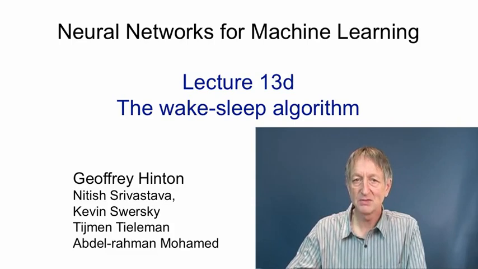Now, you could reasonably expect this to be a disaster, but actually the learning comes to your rescue. If you look at what's driving the weights during the learning, when you use an approximate posterior, there are actually two terms driving the weights. One term is driving them to get a better model of the data. That is, to make the sigmoid belief net more likely to generate the observed data in the training set.